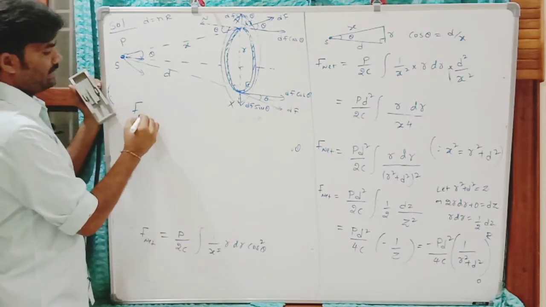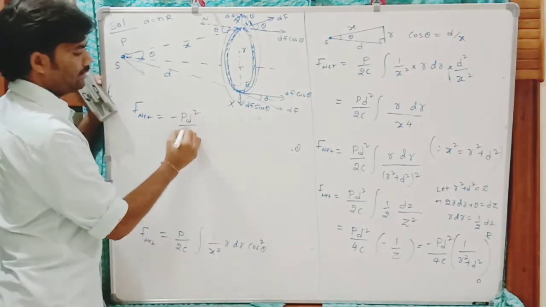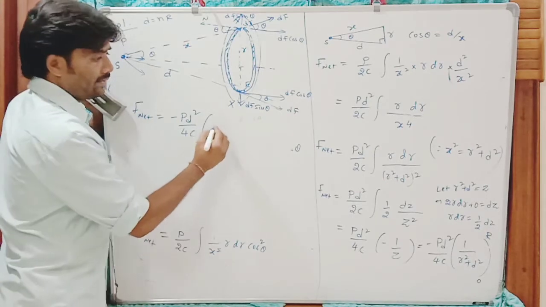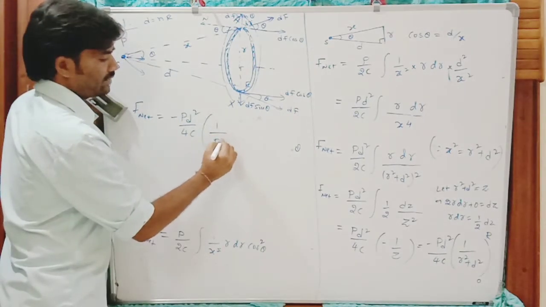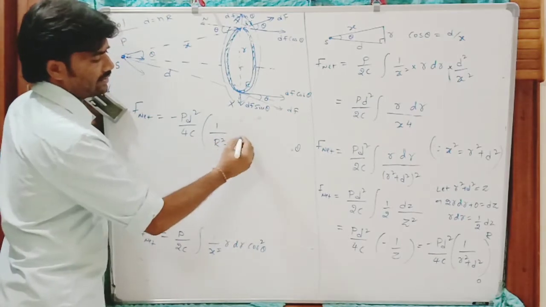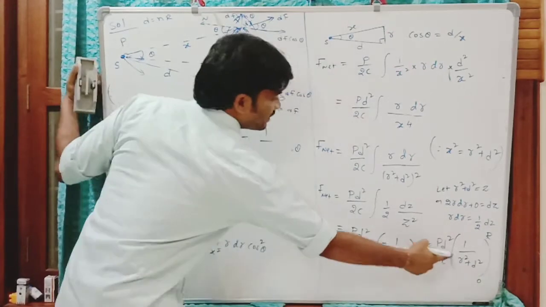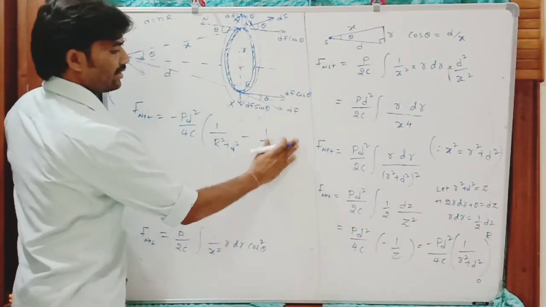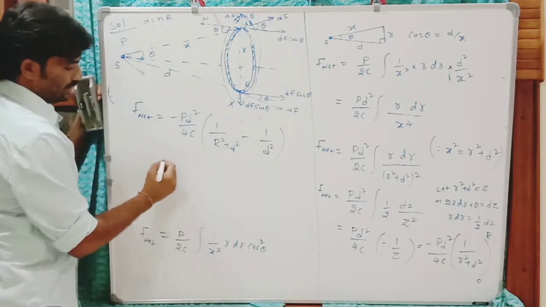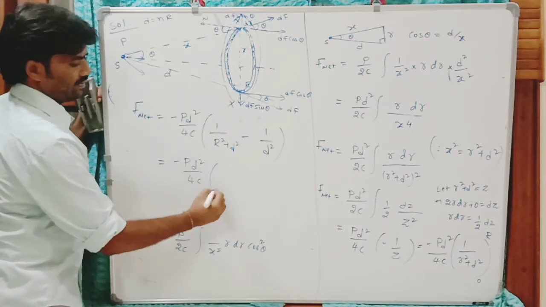The net force on the disk is now minus P d square by 4c. Apply the limits: 1 by capital R square plus d square, the upper limit substitution, minus the lower limit. Substitute 0 instead of small r. That gives d square. Here the LCM is what? This is P d square by 4c.